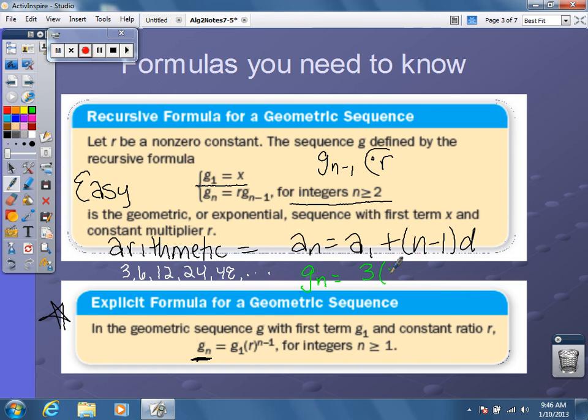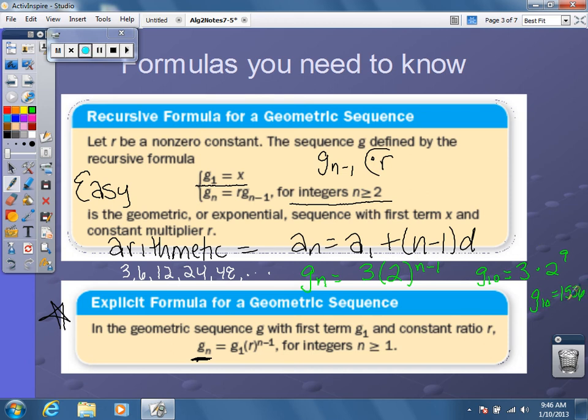I'm multiplying by 2 each time, and it's always, always, always to the n minus 1. 3 times 2 to the n minus 1. So if I want to know the 10th term of the sequence, it'll be 3 times 2 to the 10 minus 1, which is 9. 2 to the 9th power is 512, times 3 is 1536. So g sub 10 is 1536.